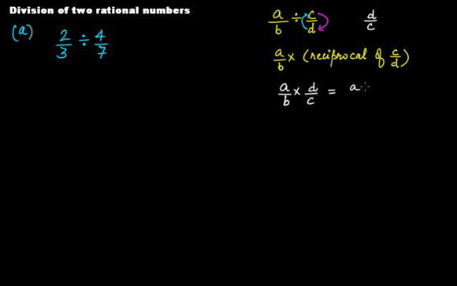Now this becomes a times d over b times c. Okay, that's a multiplication that we have already discussed in our previous videos. I'll put the links to the video tutorials for addition, multiplication and subtraction of rational numbers in the description below.